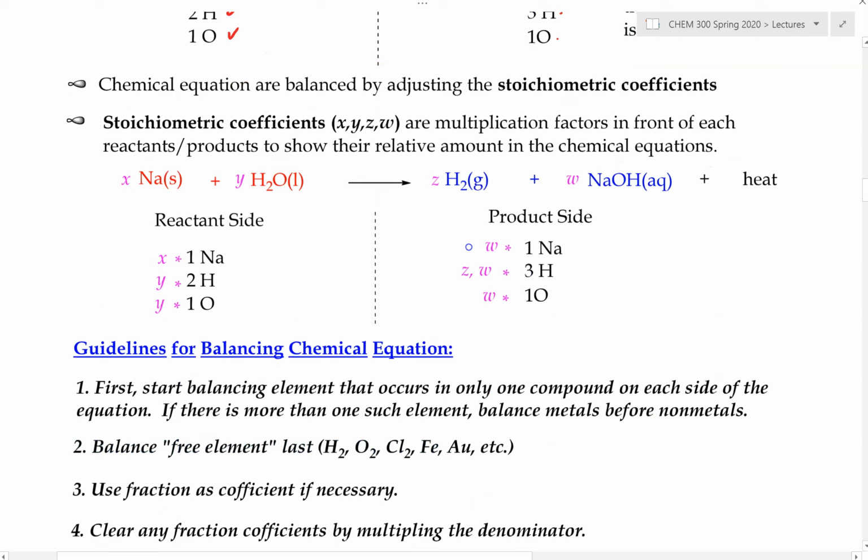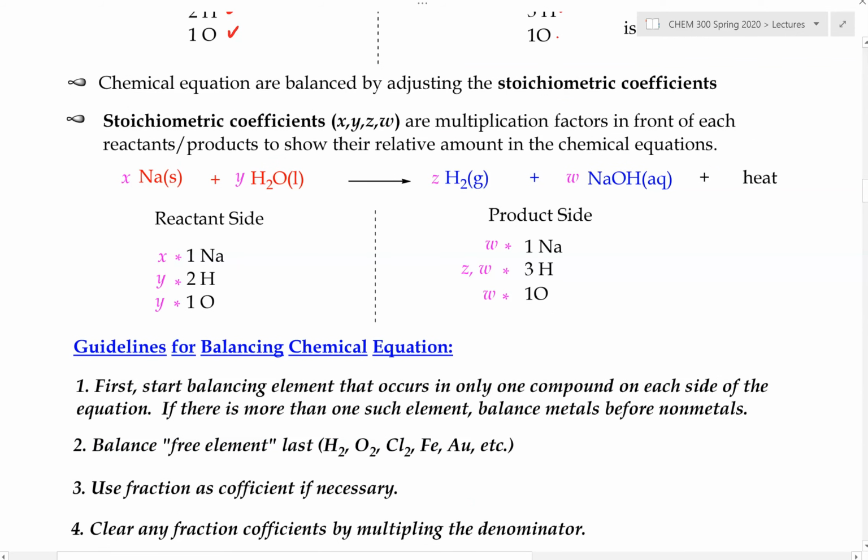How we would be able to balance the equation is by adjusting the stoichiometric coefficients. These stoichiometric coefficients are basically values, this x, y, z, whatever value they may be, and we also call them the multiplication factors that we would add in front of each reactant or product to show the relative amount in a chemical equation.